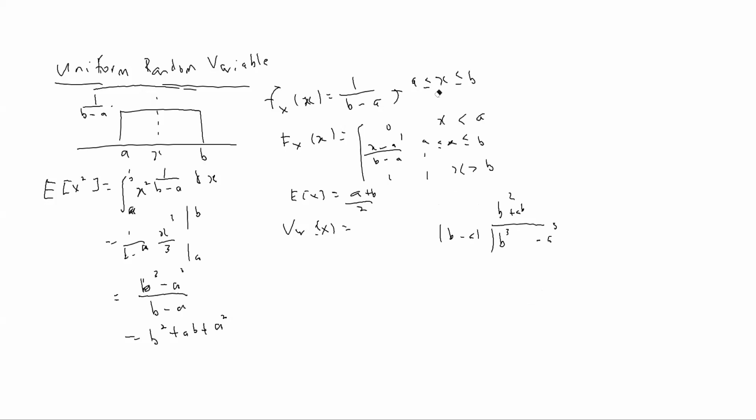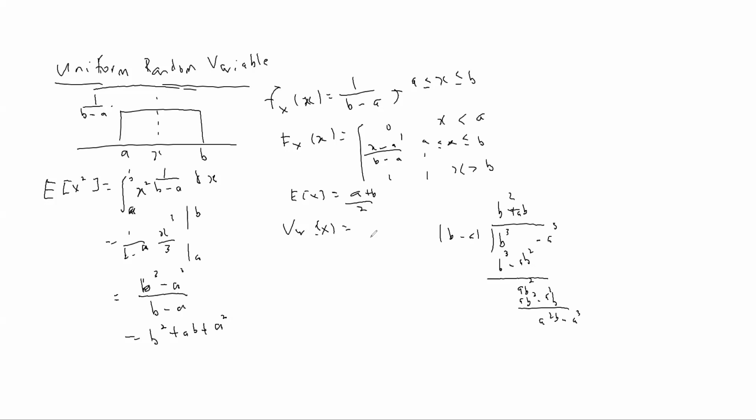So we get B squared, and B cubed minus AB squared gives me AB squared. Then I need to add plus A, so I get A squared B here, and minus A cubed, which I bring down.